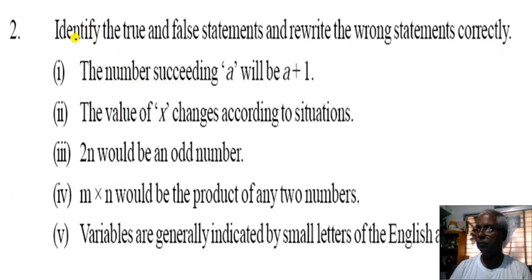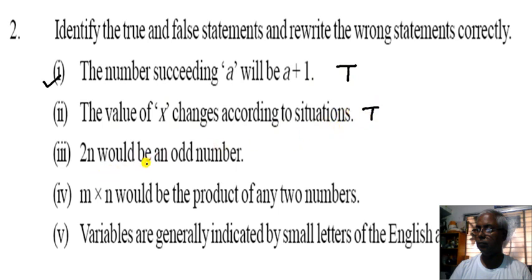Now come to the second question. Identify the true or false statement and rewrite the wrong statement correctly. First one: the number succeeding a variable will be a plus 1. That is a true statement, so you can write true. The value of x changes according to the situation.